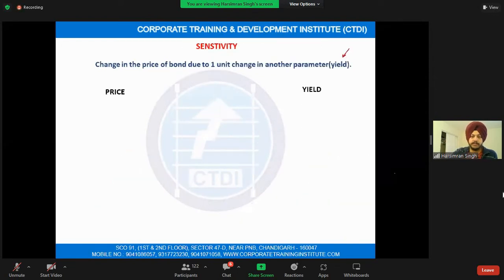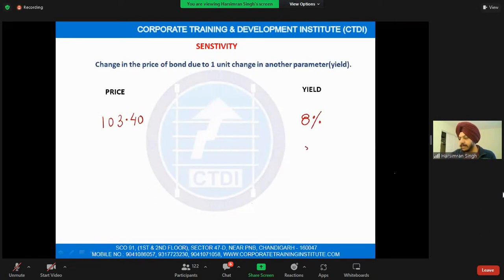Okay, so let us do a simple question. Suppose when the yield in the market is 8%, the price of the bond is 103 rupees 40 paisa.